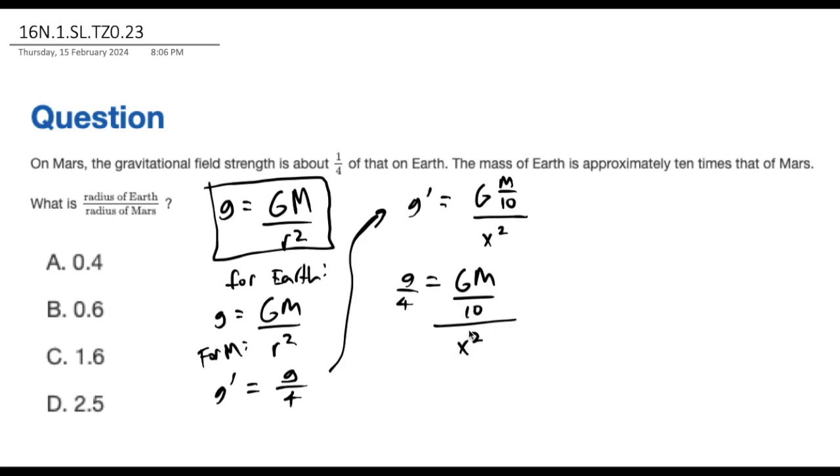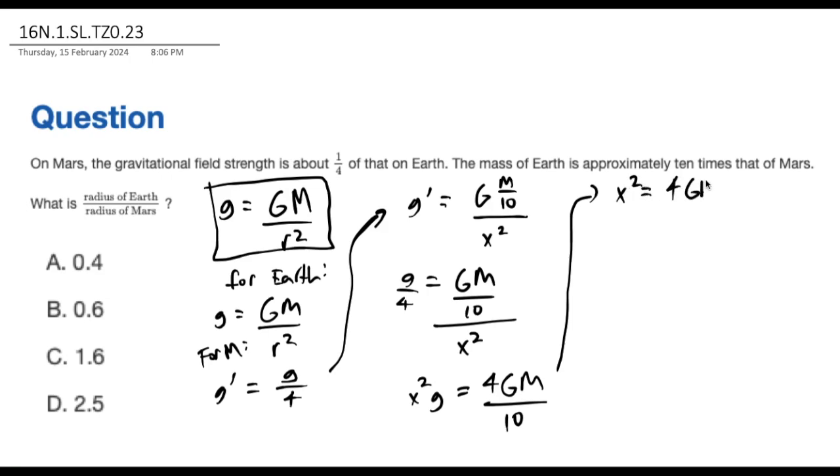So we know g over 4 is equal to GM over 10, whole thing over x squared. And now let's get x squared and r squared on the left side of their respective equations. So we get that x squared g is equal to 4GM over 10, and we want to get x squared alone, so we can say that x squared is equal to 4GM over 10g.